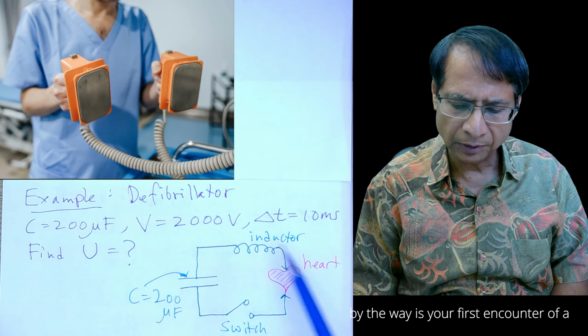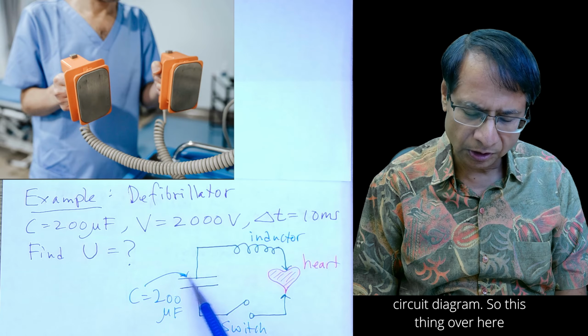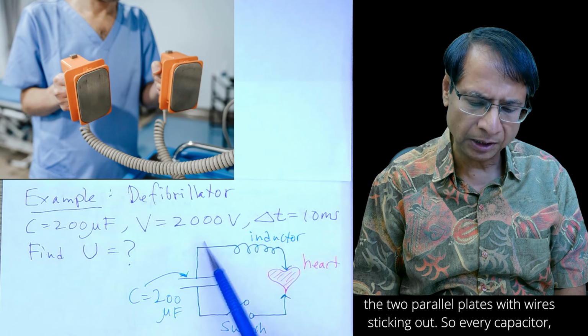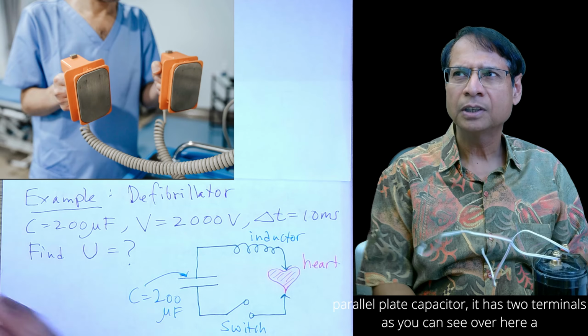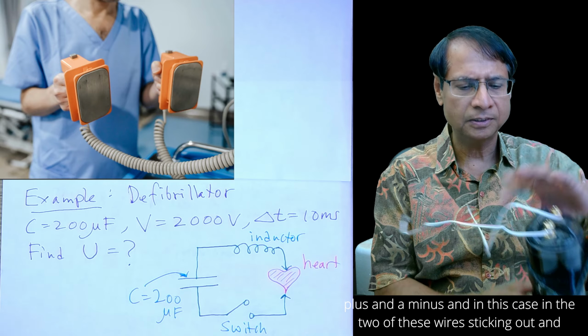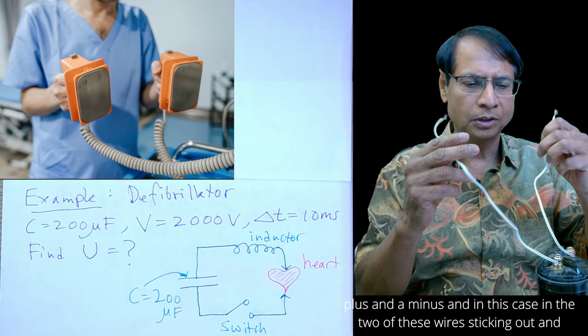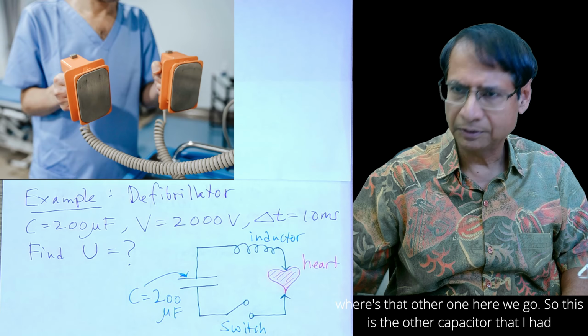So this, by the way, is your first encounter of a circuit diagram. So this thing over here, the two paddle plates with wires sticking out. Every parallel plate capacitor will have two terminals, as you can see over here, a plus and a minus. And where's that other one? Here we go.